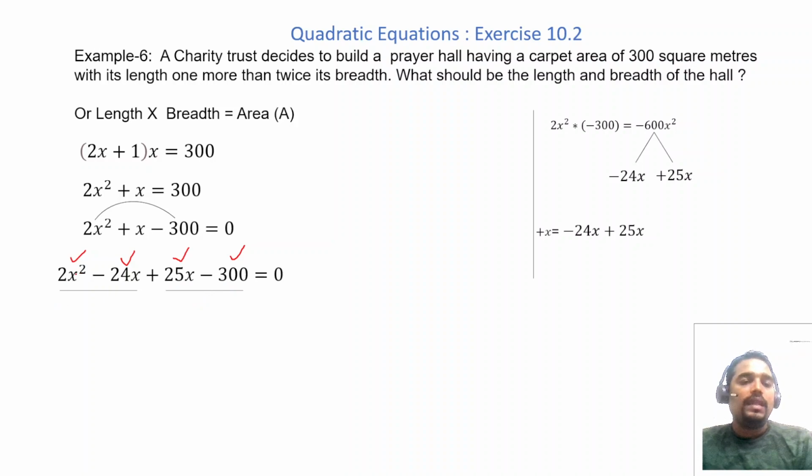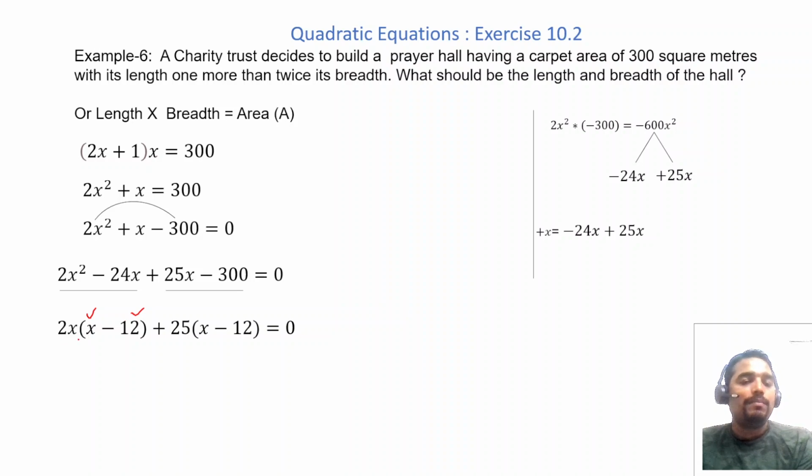Now what can be taken as common out of 2x square and 24x? Both are even, so both will get divided by 2. And one is having x square and the other one is having x, so we can take 2x common out of the first two terms. If you take 2x common out of 2x square, then x is left, minus; out of 24x, if you are taking 2x common, we will be left with 12.